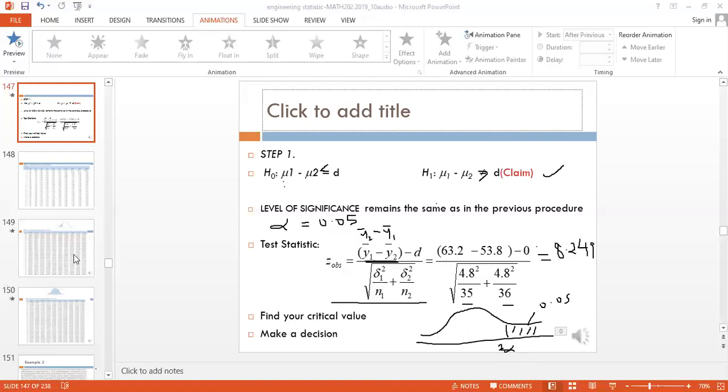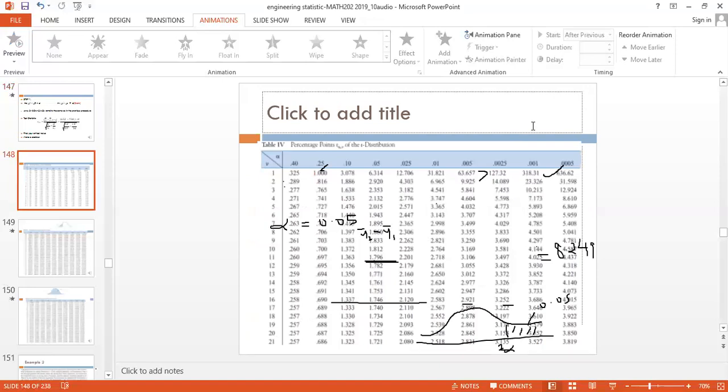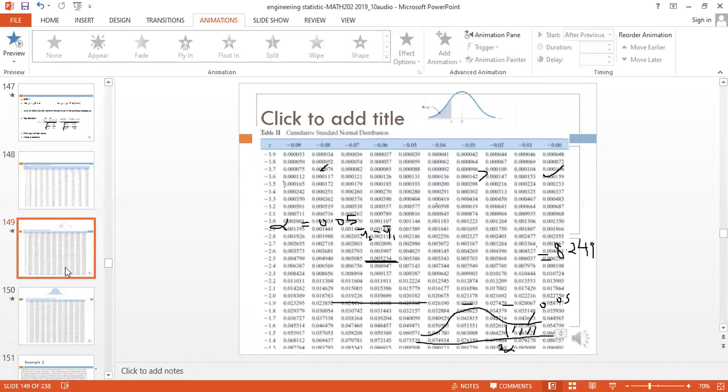You find 0.05. We know how to do it, right? If you're reading from the right hand table, then you subtract from 1 and read 0.95, and then find the critical value which gives us that probability value.